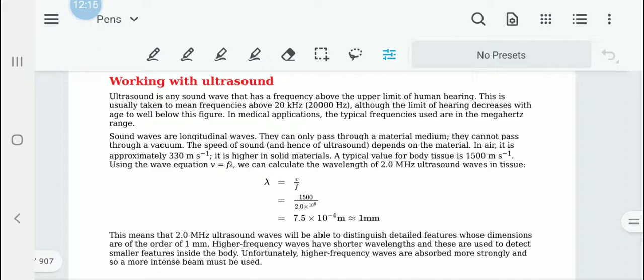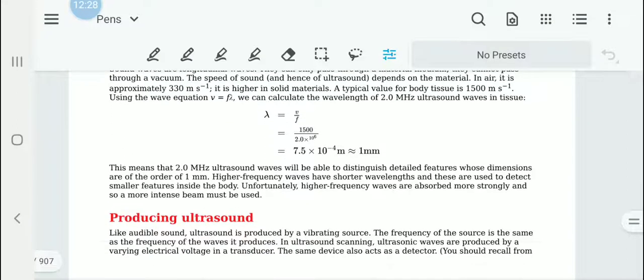Then if you use a 2 megahertz ultrasound wave in tissues, lambda is going to be v upon f, and you calculate it to be 1 millimeter. So that means 2 megahertz ultrasound waves will be able to distinguish detailed features if the dimensions of a particular thing inside our body are in the order of 1 millimeter.